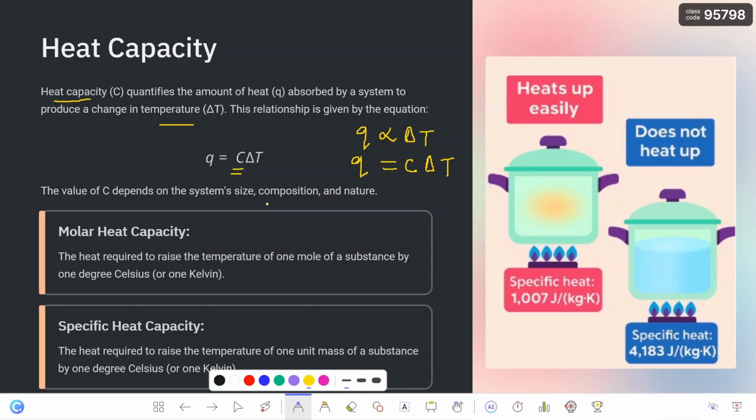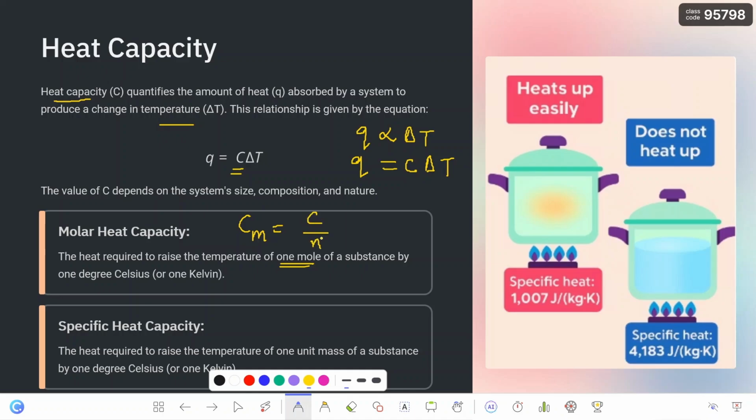There are two different categories of heat capacity, molar heat capacity and specific heat capacity. Molar heat capacity is the heat required to raise the temperature of 1 mole of a substance by 1 degree Celsius or 1 Kelvin. We can write it as molar heat capacity Cm, which is equal to heat capacity C by n.